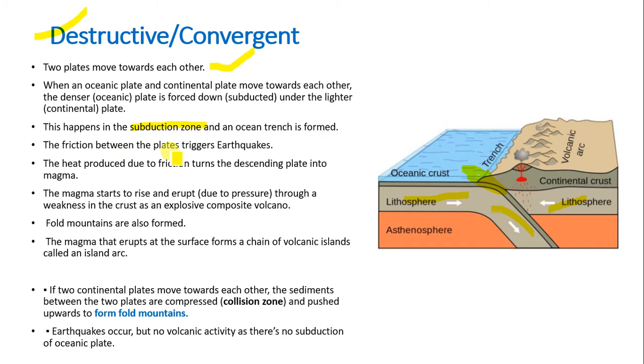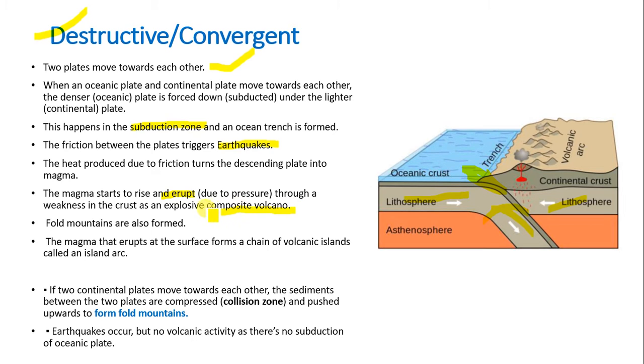The friction between the plates as a result of the collision can trigger an earthquake, and the heat produced due to the friction turns the descending plate into magma. So it will melt the oceanic plate and convert it to magma, and the magma starts to rise and erupt due to pressure through a weakness in the crust as an explosive composite volcano.